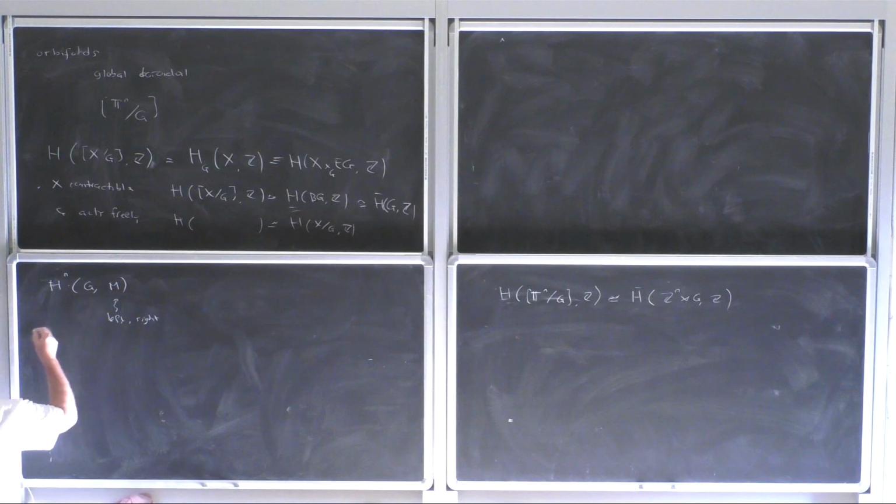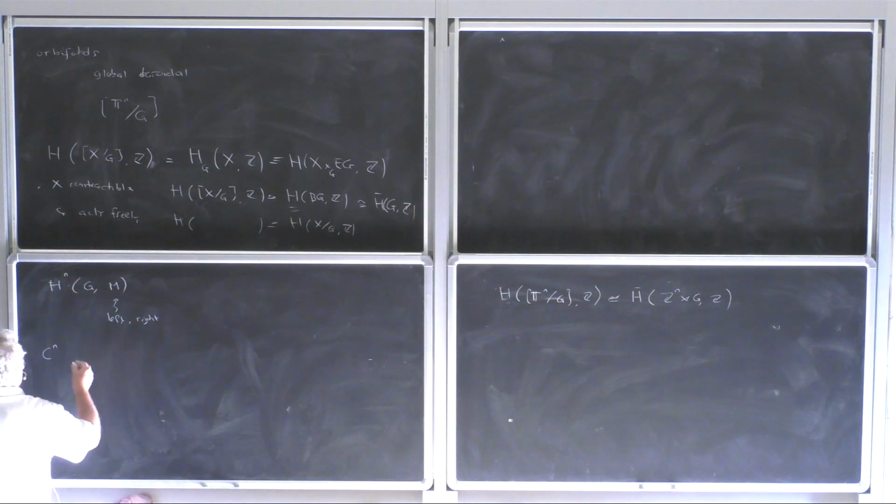And then for, say, a left module, there are even two definitions. There's a definition in terms of homogeneous cochains. So, a left module.